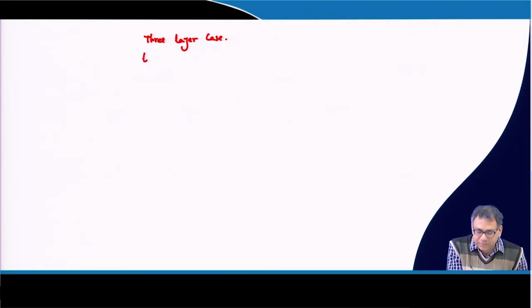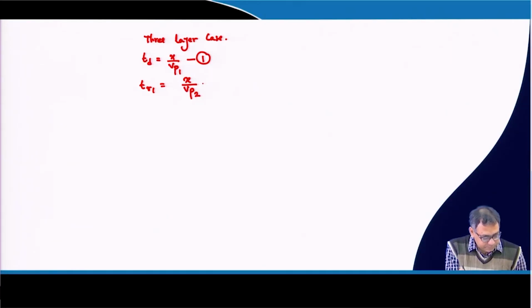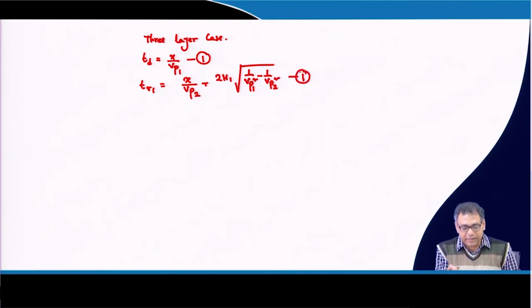Td is equal to x by Vp1, this is expression 1, and Tr1 is equal to x by Vp2 plus 2 H1 root over 1 by Vp1 square minus 1 by Vp2 square. So, this is the Tr1, that means the refracted rays travelling through the interface of the first and second layer.